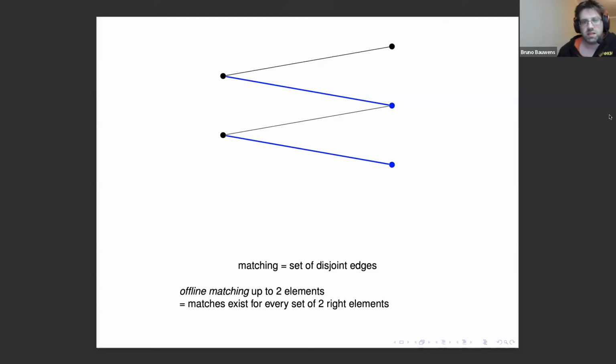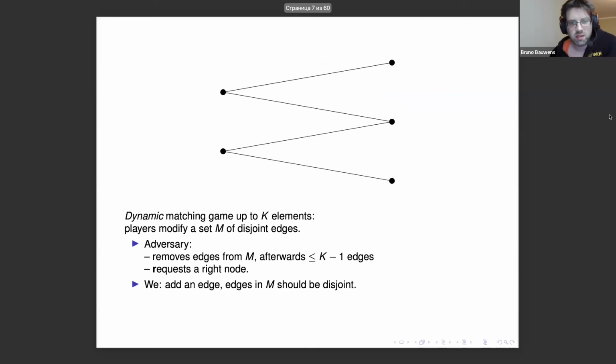Next is the dynamic matching game. There are 2 players. Our adversary removes edges from the matching. He doesn't change the graph, which is always the same, but he removes edges from the selected edges, so that afterwards at most k-1 edges remain.